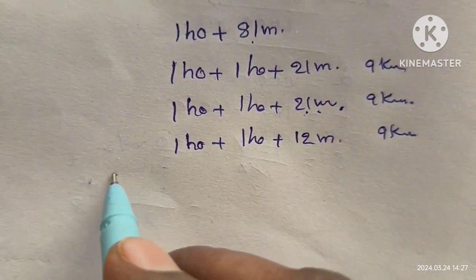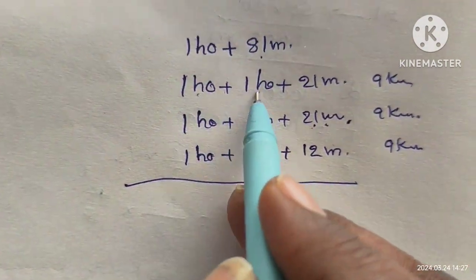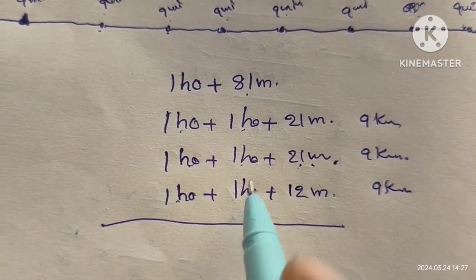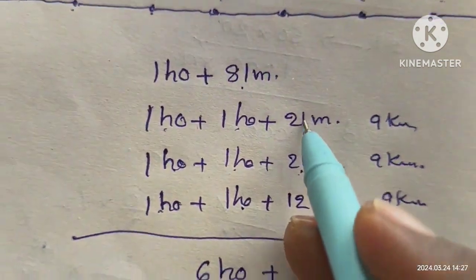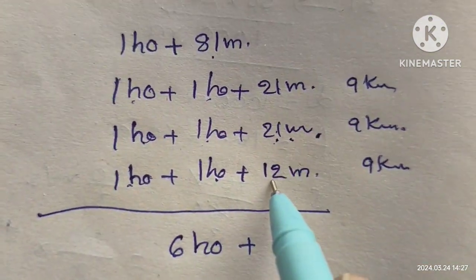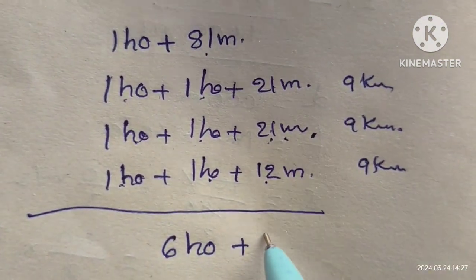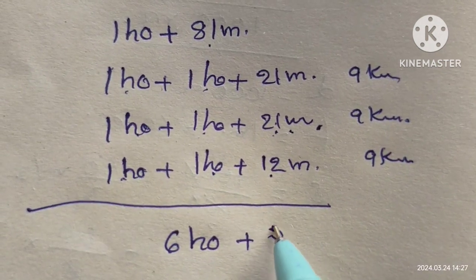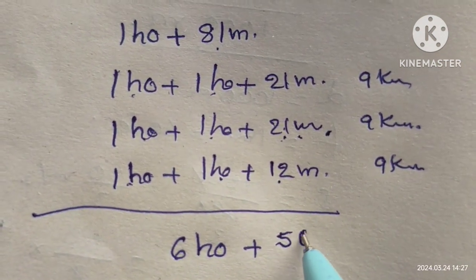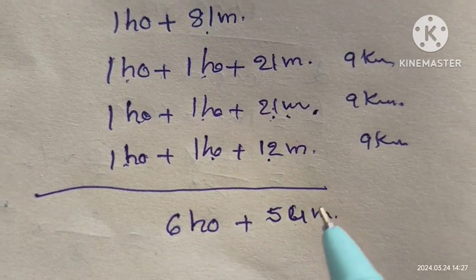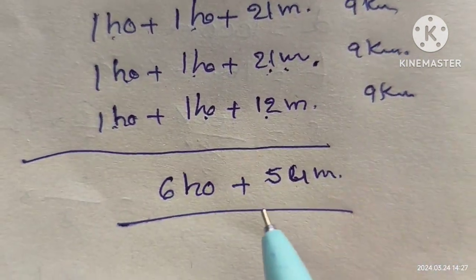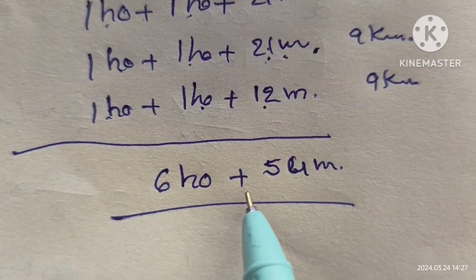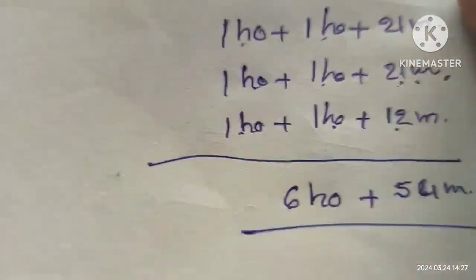Then counting 1 hour six times, total 6 hours plus 42 minutes plus 12, it is 54 minutes. So it took totally 6 hours 54 minutes.